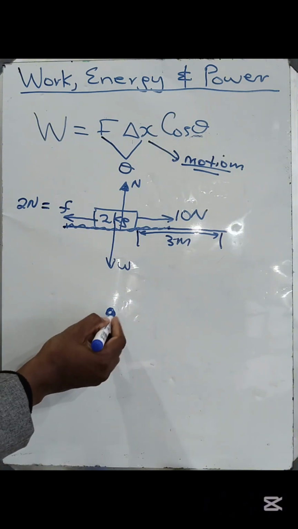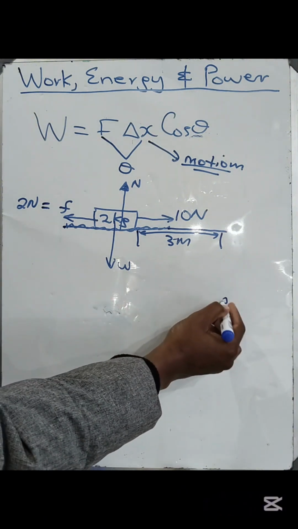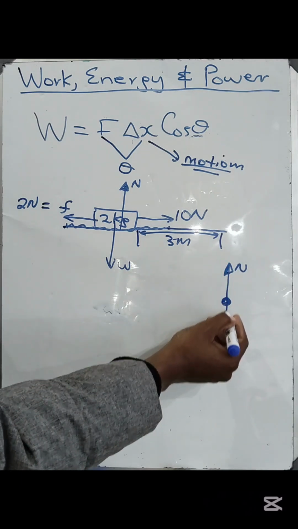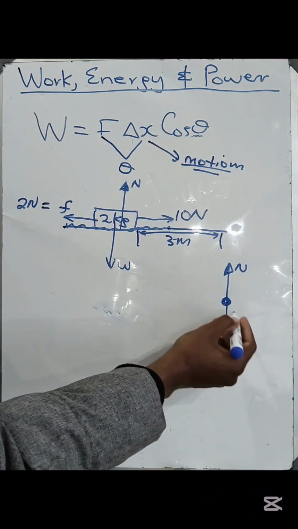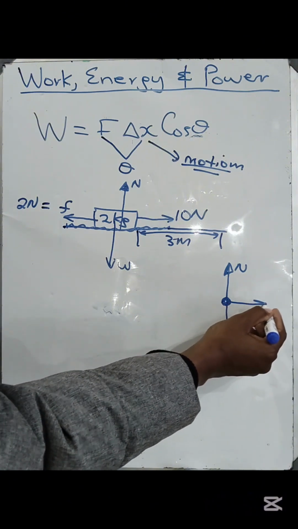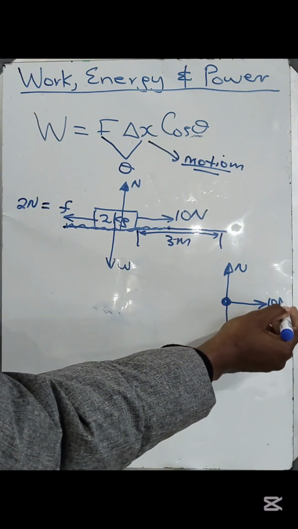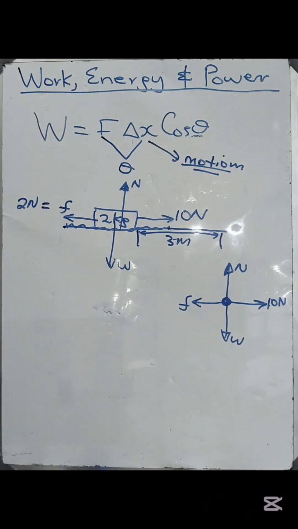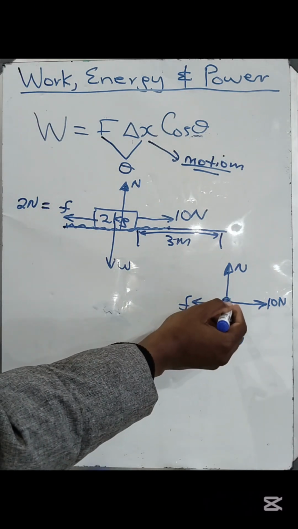So the free body diagram, let me draw it here. We have a normal force, we have a weight, that is a gravitational force, we have an applied force, which is 10 newtons, and we have a frictional force, which is 2 newtons. So let's talk about angles.